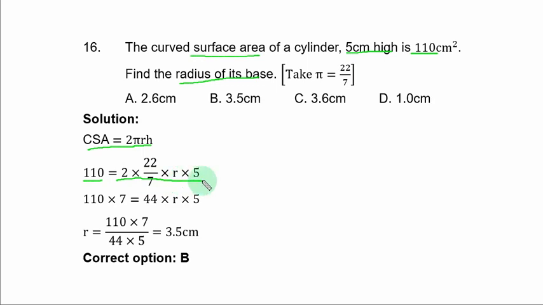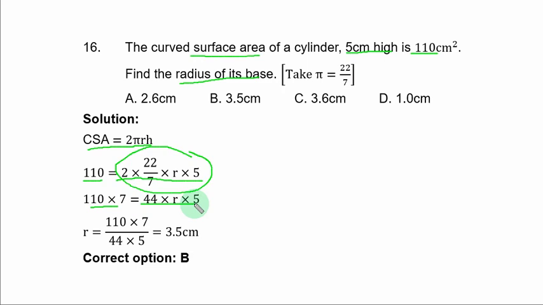You can multiply through by 7 to clear fractions. Notice that everything here is a single term. So you multiply 110 by 7. 2 times 22 is 44 times r times 7.